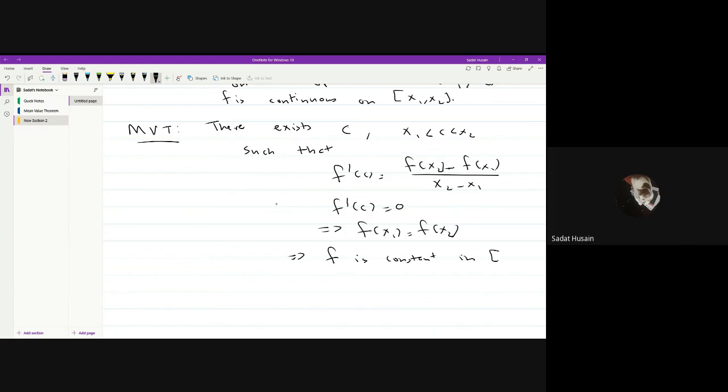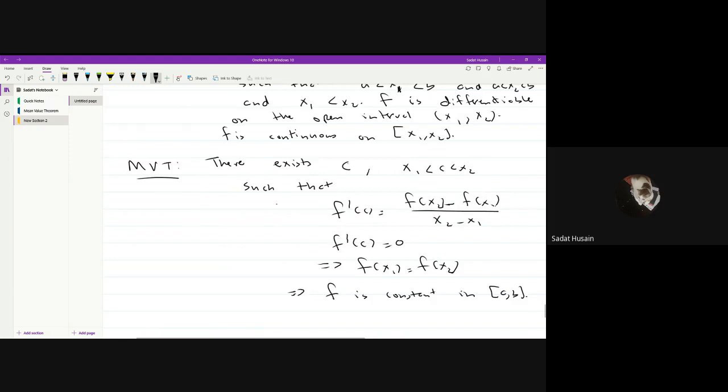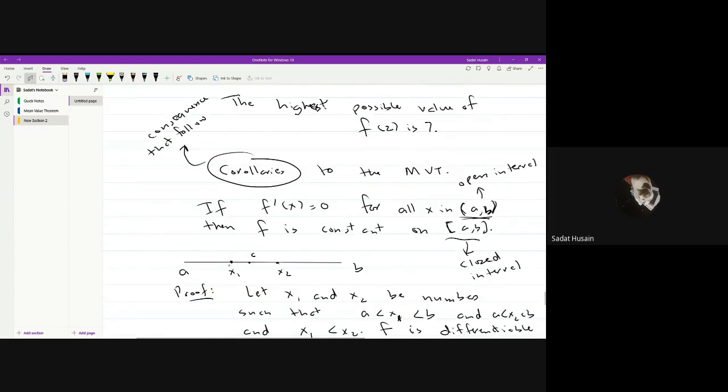in a comma b. Wherever I take x1 and x2 in a and b, f of x1 has to be equal to f of x2, if this condition is fulfilled, right?